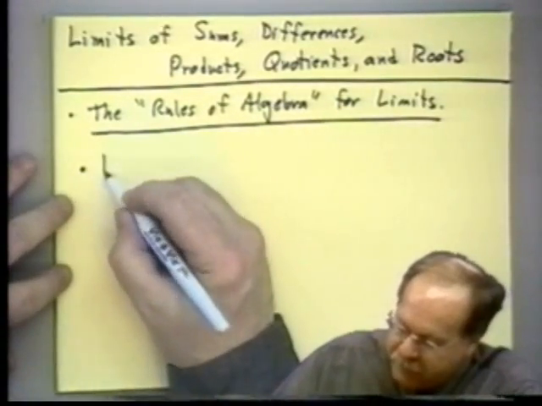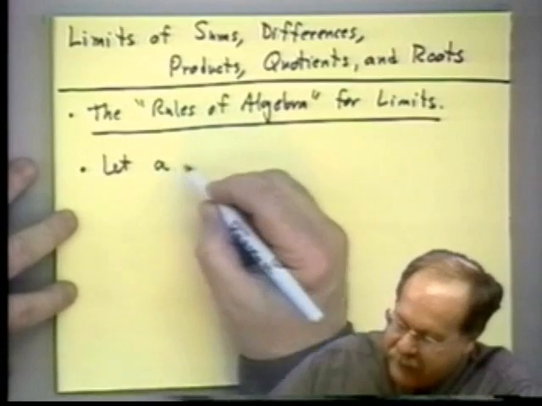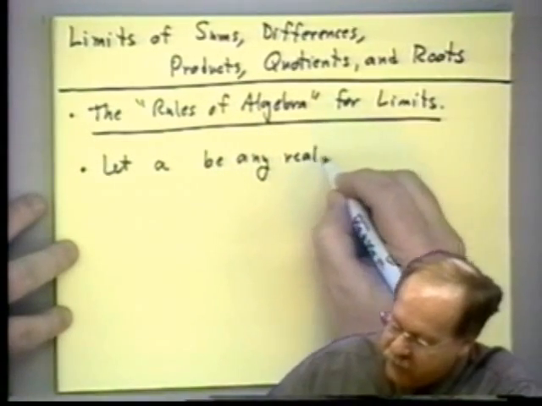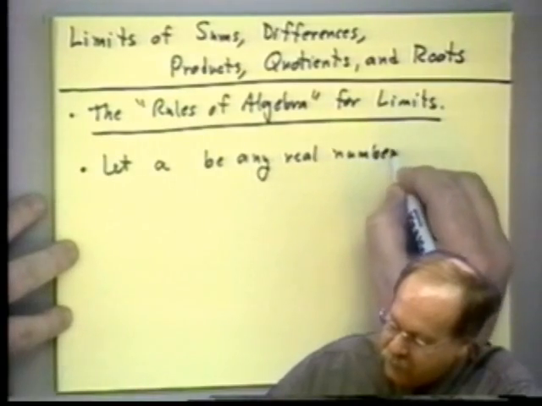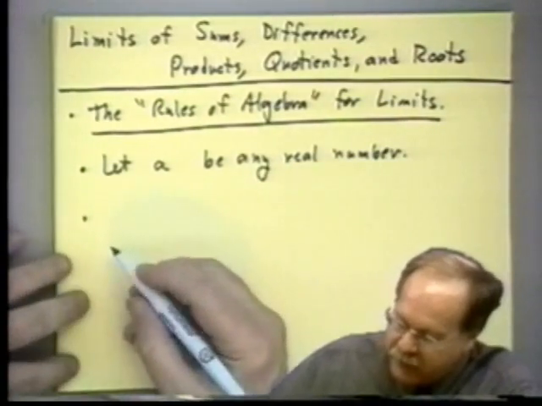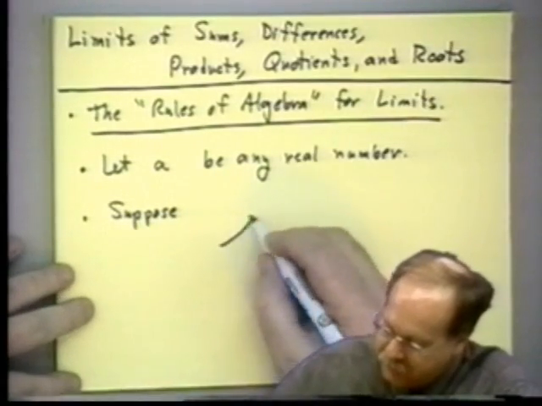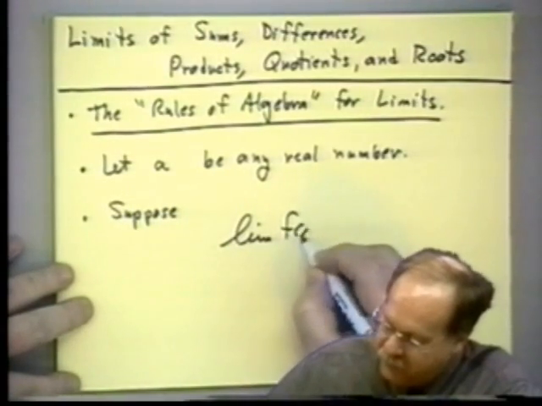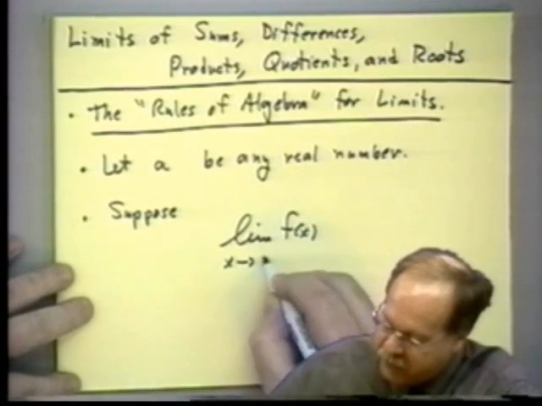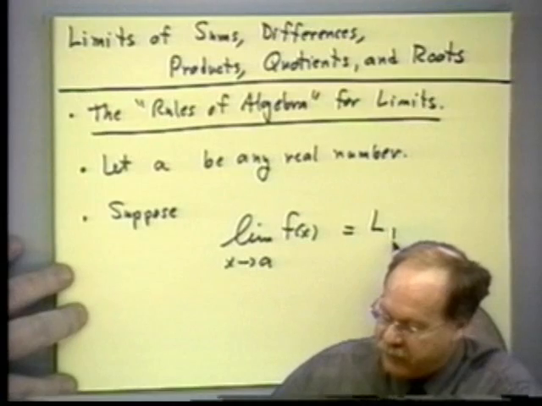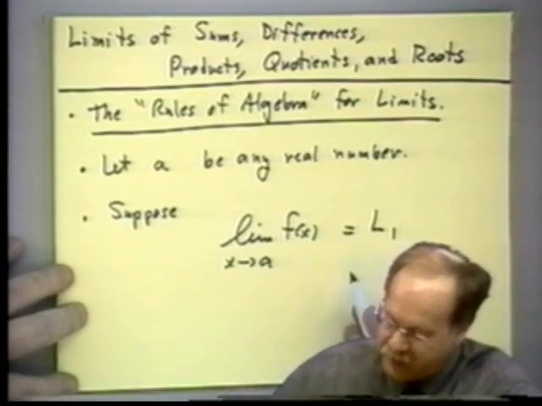Now, to do that, I'm going to say let a be any real number. So every time you see an a, it'll be just a real number. And I'm going to want to talk about limits, so we will suppose that we have two limits that exist. The limit of the function f of x as x approaches a is some number L sub 1. So that is saying that it exists, it equals a real number.